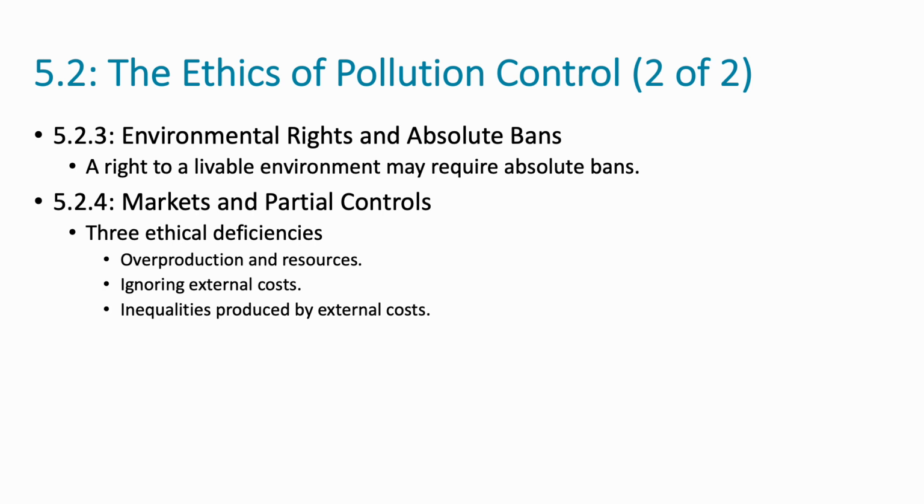So what are some of our 3 ethical deficiencies? Number 1 is that overproduction means more of society's resources are used, resources that could be used for other commodities. And so we want to be careful about how we use our resources. The other issue is that it ignores external costs. The cost of protecting the environment, air pollution means that these costs are not minimized.